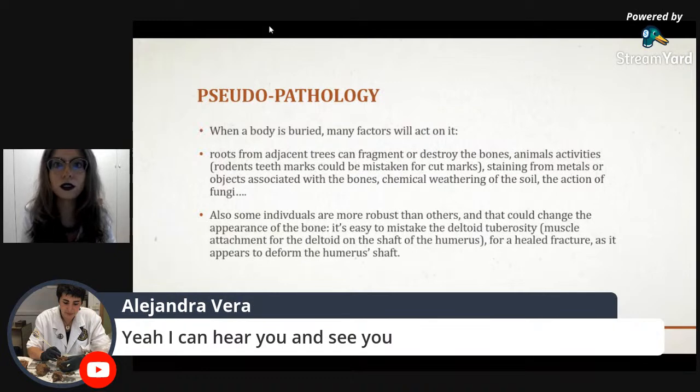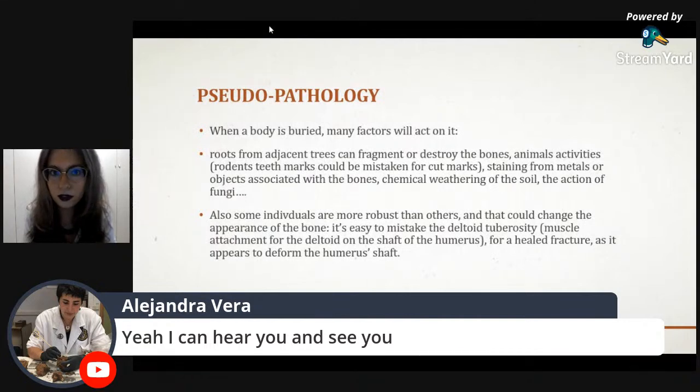For instance, the roots from adjoining trees can go deep in the ground, find the tomb or the rest of the burial, and destroy completely the tomb, and so the bones will fragment and be destroyed. Also, scavenger animals, rodents, can erode and bite the flesh or the bones and leave teeth marks on the bones that can be mistaken for cut marks.